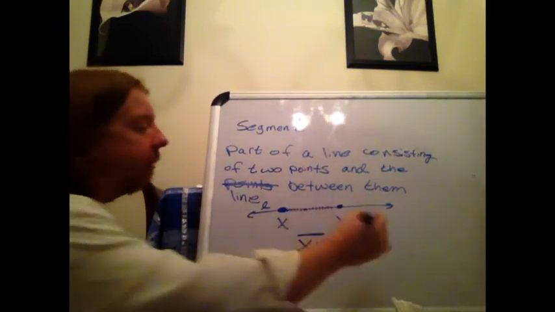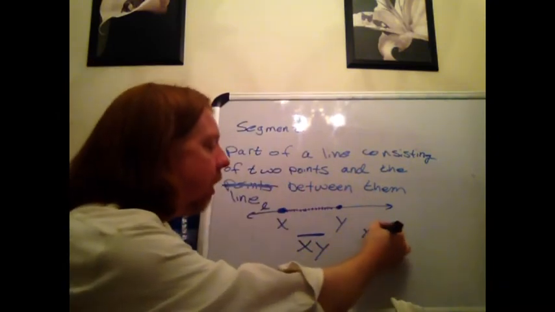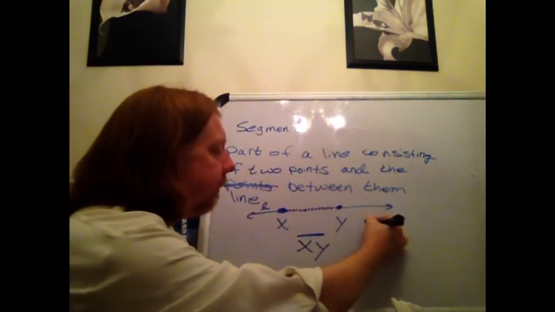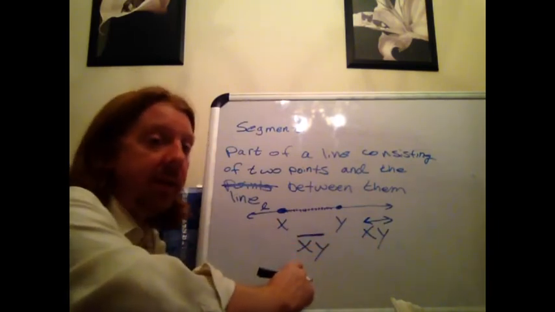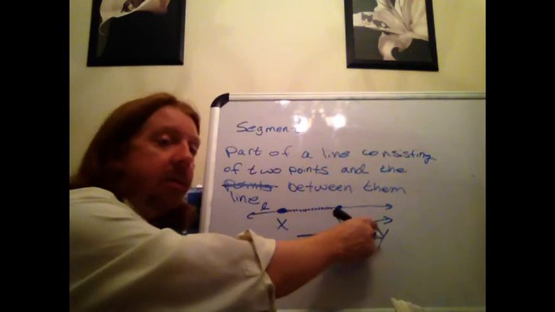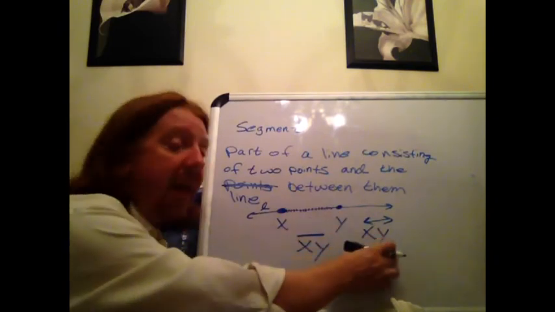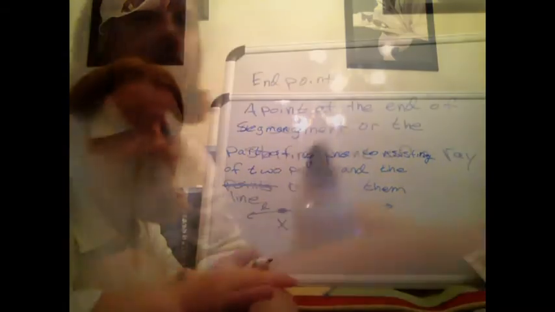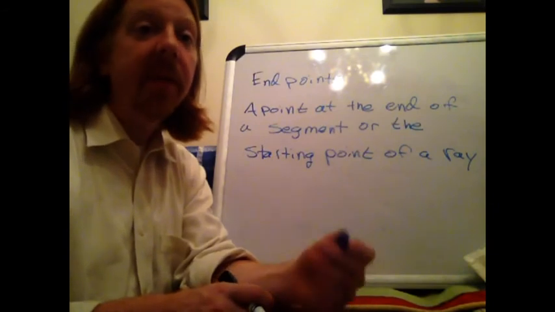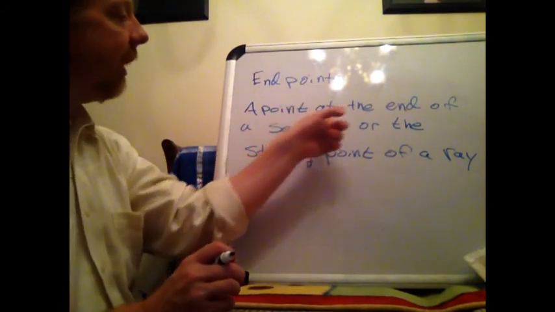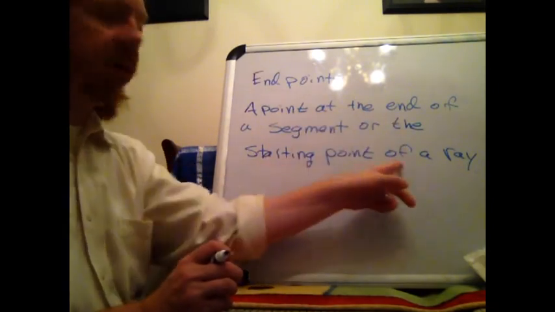In contrast, the whole line, the part that extends forever, I would call line XY, because it extends forever. Line, segment, no arrows, arrows. That's how you separate segments, or things that are finite, from lines, things that are infinite. Endpoint, we referenced when we talked about segment. This refers to a point at the end of a segment or the starting point of a ray.